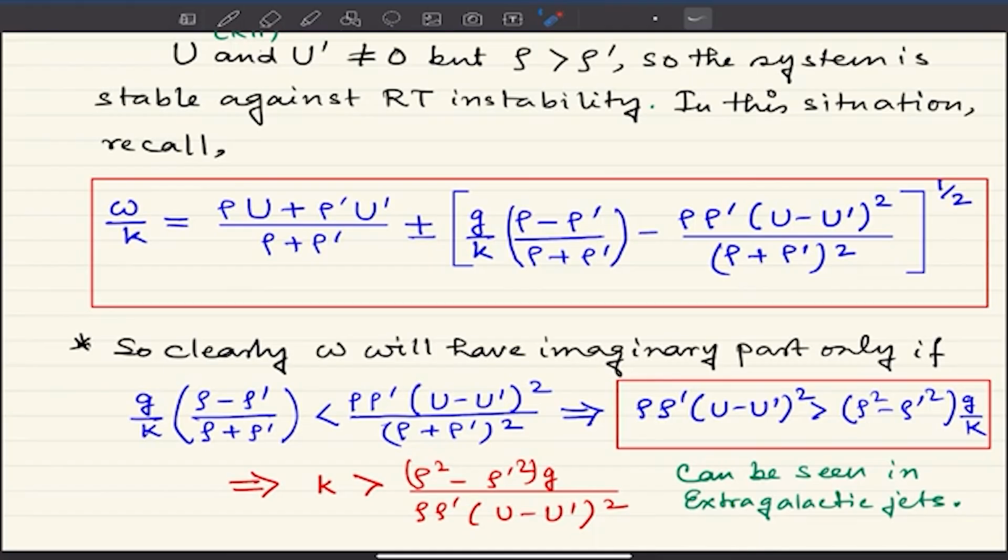You can see this type of exercise on the internet, how surface tension and how a magnetic field can modify Kelvin-Helmholtz instability. Those are subjects of very interesting and ongoing research.